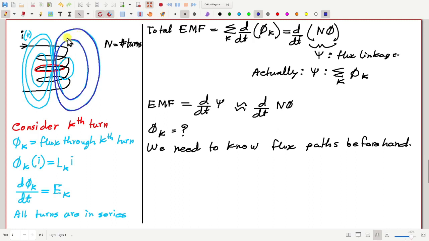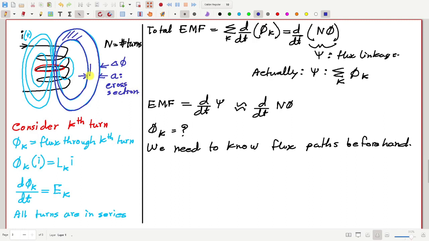Consider the interior portion of this tube, and let us ask how much flux is going inside this tube. Let me call that delta phi. And suppose at any point the cross-sectional area of this tube is A.